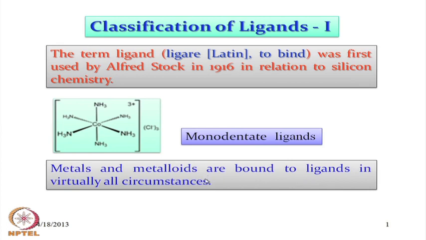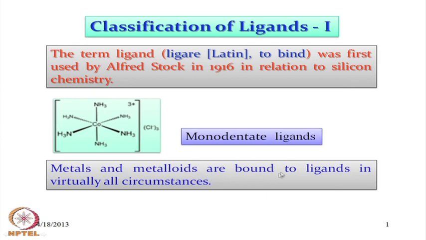Even when only water molecules are present in the solution, in the reaction vessel or in some natural environment in biological systems, these metal or metalloid centers will interact with the water molecules. They can also interact when the available group is not water but a dioxygen molecule, and dioxygen can function as a good ligand.